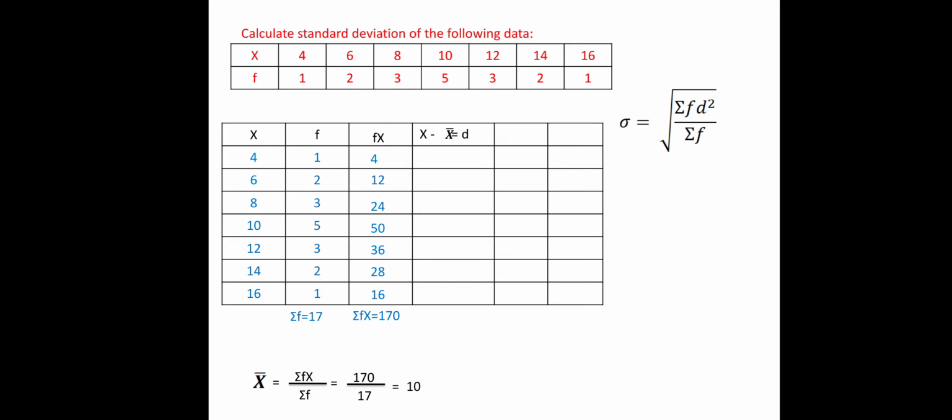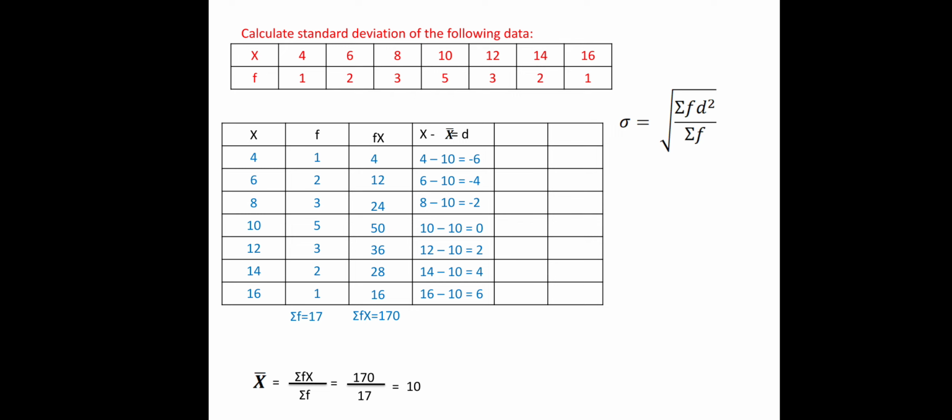So you need to subtract 10 from the value of x. So 4 minus 10 is minus 6, 6 minus 10 is minus 4, 8 minus 10 is minus 2, 10 minus 10 is 0, 12 minus 10 is 2, 14 minus 10 is 4, and lastly 16 minus 10 is 6. So we got the value of d.